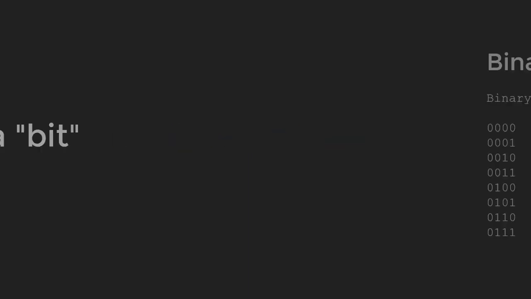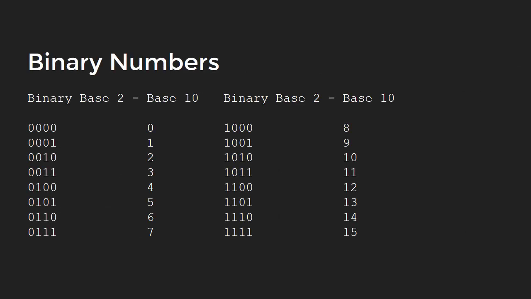We group these ones and zeros together to form binary numbers. These combinations of ones and zeros work like combinations of the digits 0 through 9 used to form the base 10 numbers we are used to, like this. See the pattern? It is the same pattern we used when we counted as a kid. As a kid, we learn to go 0 to 9, then when we hit 9, we go back to 0 and add 1 to the tens place.